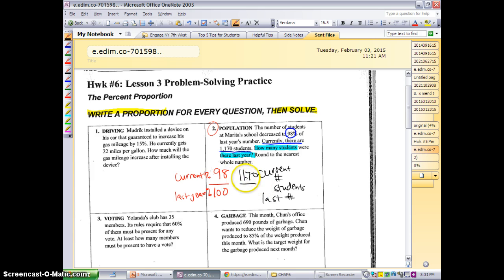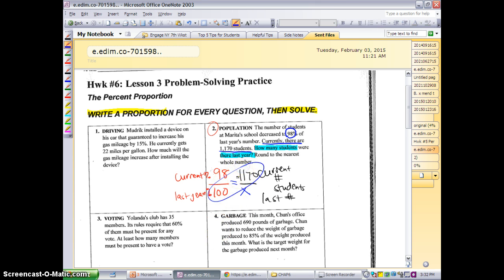That 1,170 students is currently represented by 98%. That's why those two numbers are both in the numerator in their respective ratios, okay? Which means that x would be the number of students that were there last year that I'm representing in the denominator.